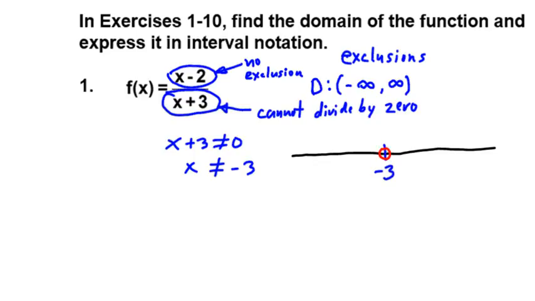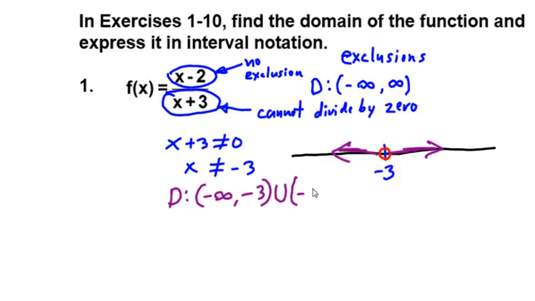And we know that values on either side of negative 3, to the right toward infinity, and to the left toward negative infinity. And in interval notation, we write this as our domain being greater than negative infinity, and then all the way up to this value of negative 3, close parentheses, a U for union.